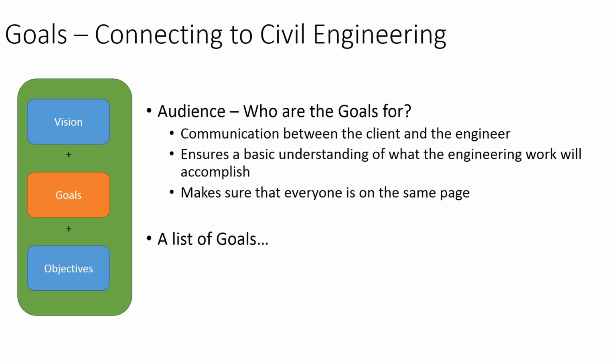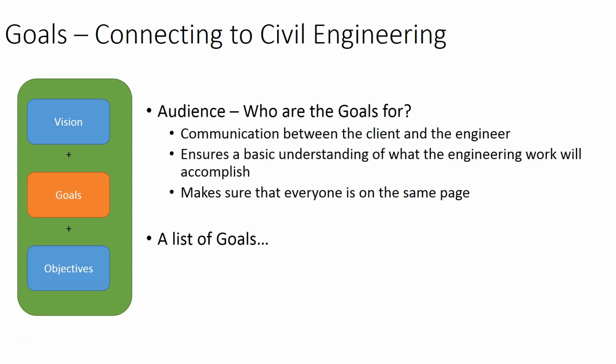As you're working through the process of developing goals for your project and trying to think through how we're going to connect this to the overall civil engineering process, it's important to acknowledge a slight shift in the audience when you're thinking about developing a list of goals for the project. And so, whereas the vision statement was meant to be very broad and communicate the feelings of a project to the general public, or just a broad overview, I think of goals as a very important communication mechanism between the client and the engineer.